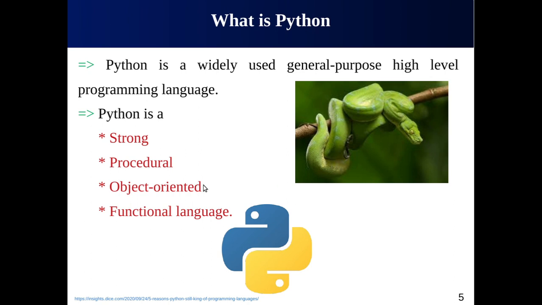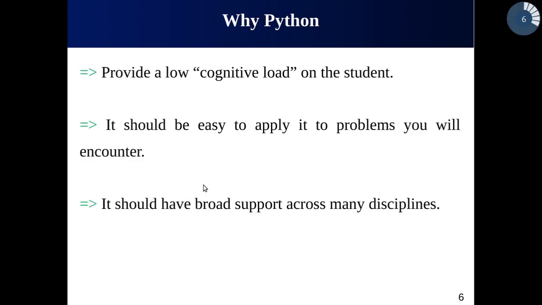So Python is a strong language, widely used language, general purpose language, high level language, procedural language, object oriented language, and a functional language. Now a question comes to our mind: why do we use Python?